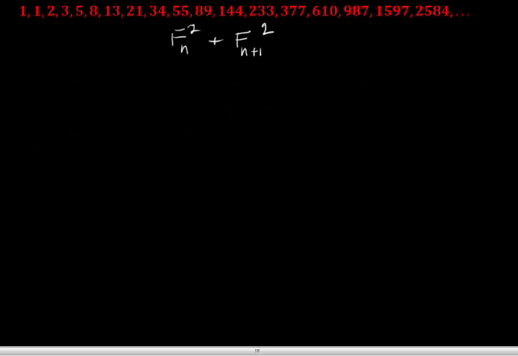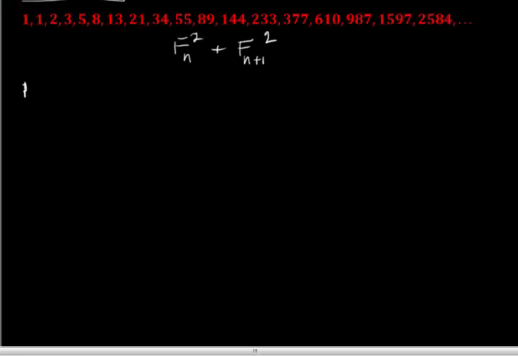Okay, so I wrote the expression f sub n squared plus the next Fibonacci squared there, and we're going to take at least 5 values of n and just see what we come up with. So I'll just do it right down the side, and you can model this if you want. Let's let n be 1.